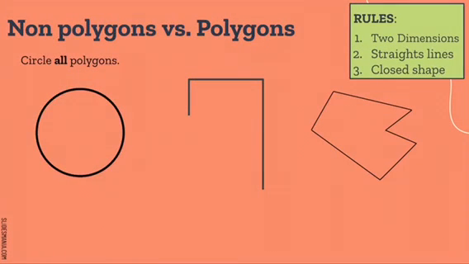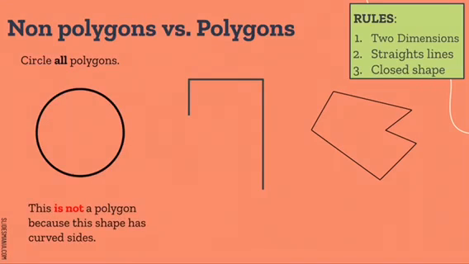So here, we'll start by identifying the difference between non-polygons and polygons. We have our rules up in the corner, so go along with me. First, for this circle. This shape is not a polygon because this shape has curved sides, which is a no-no for polygons.